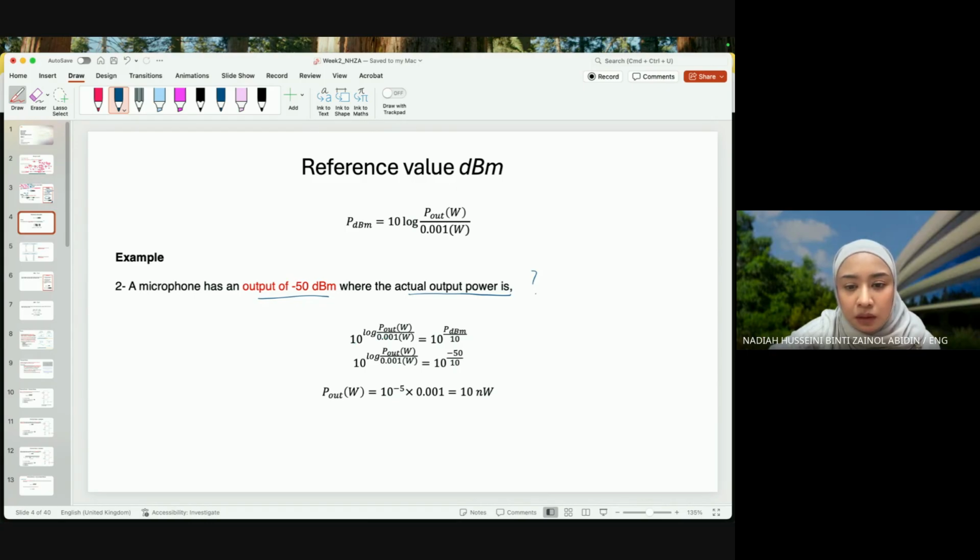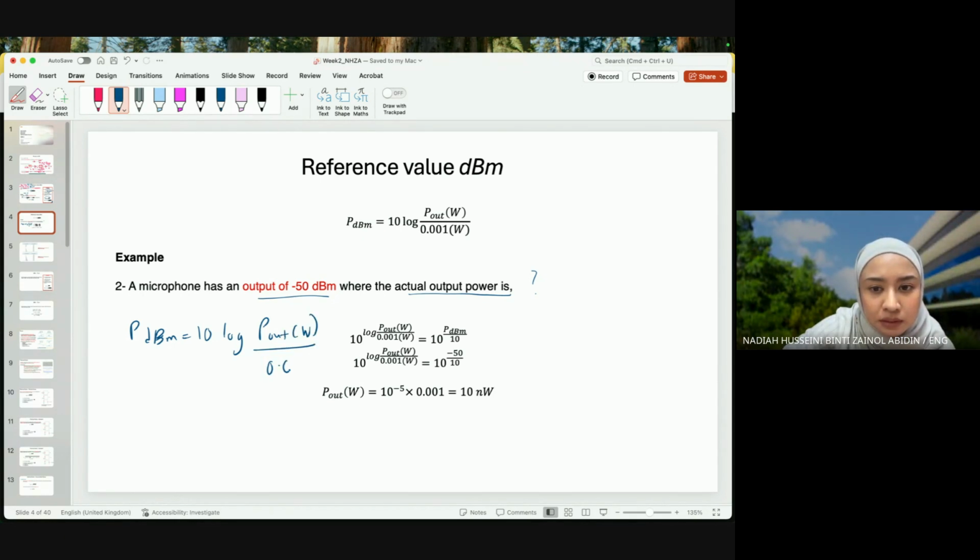So, sorry, I need to do this from the start: P dBm equals 10 log P out in watt over 0.001 in watt. This is our starting point, and this is what we have: minus 50 equals 10 log, and we need to find out what P out is in watt, over 0.001 in watt.